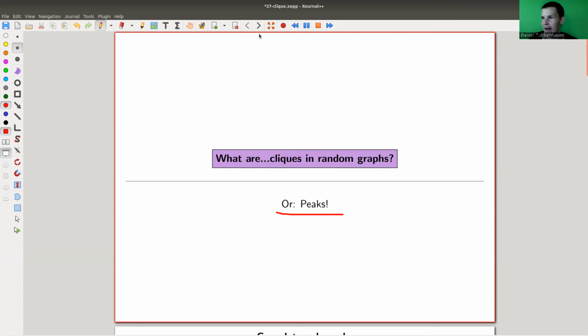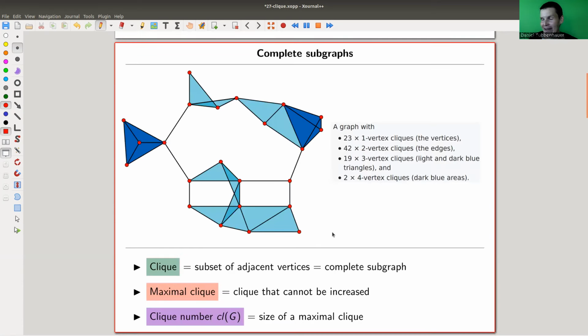But anyway, what is a clique? It's essentially a complete subgraph of your graph. So here's a graph, whatever it is, and it has a certain number of cliques. These two guys form a clique because they are maximally connected, and there's nothing else you can do to fill them in.